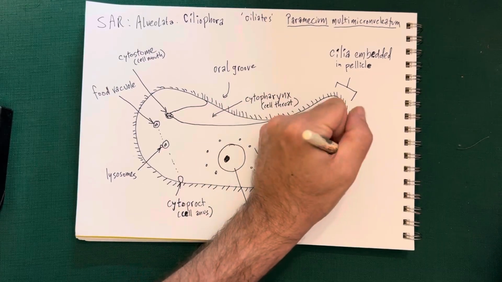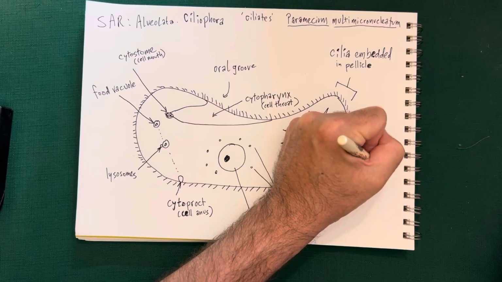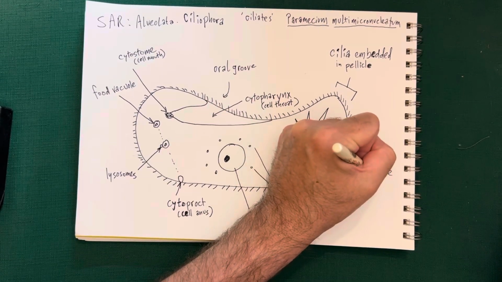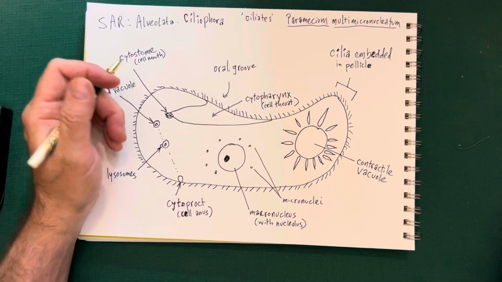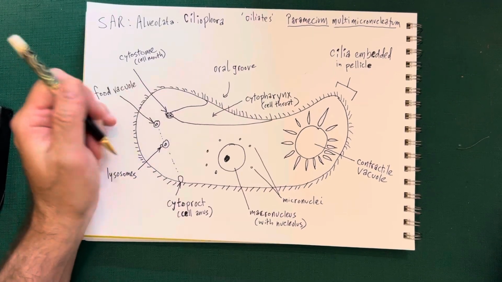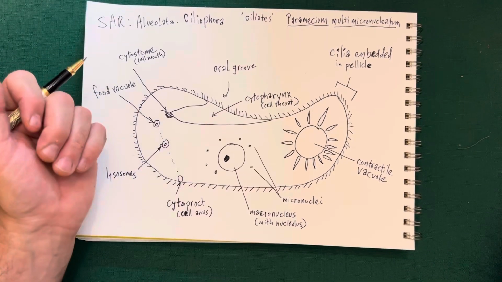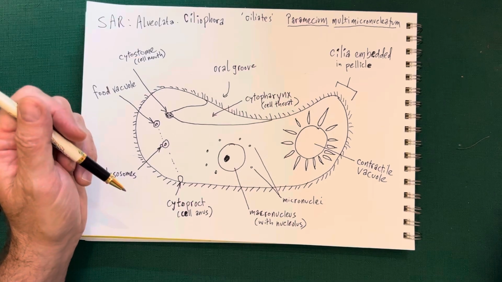So what we have here is, once again, a contractile vacuole that squeezes out the excess fresh water, which enables the cytoplasm to remain hypertonic with respect to the surrounding environment.